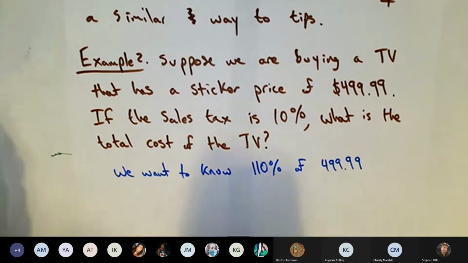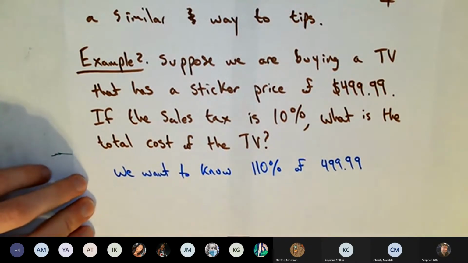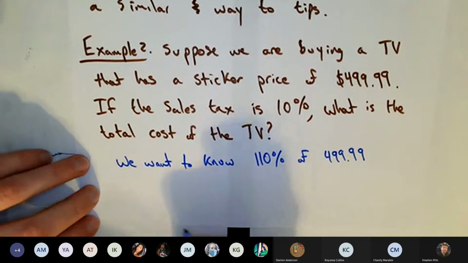Okay, 110% is the same as 1.10 as a decimal, just dividing it by 100, right? Just take your percent, divide it by 100. That's all you have to do to figure out what it is as a decimal.